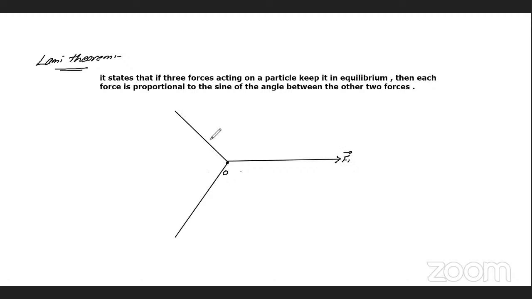It is your F1 vector, F2 vector, and F3 vector, and the sum is 0. Taking the angles, this is alpha, this is beta, and this is gamma. So I'll redraw it in terms of a vector diagram, showing the relationship between them.